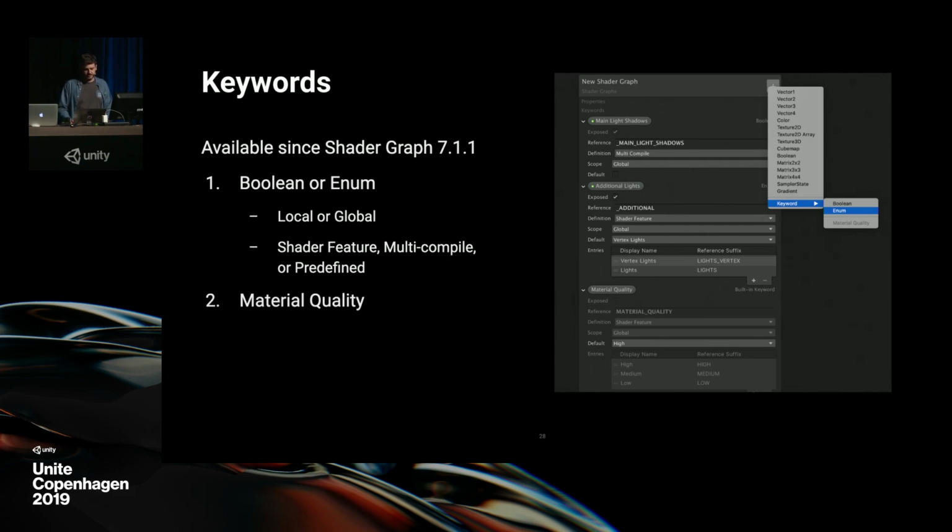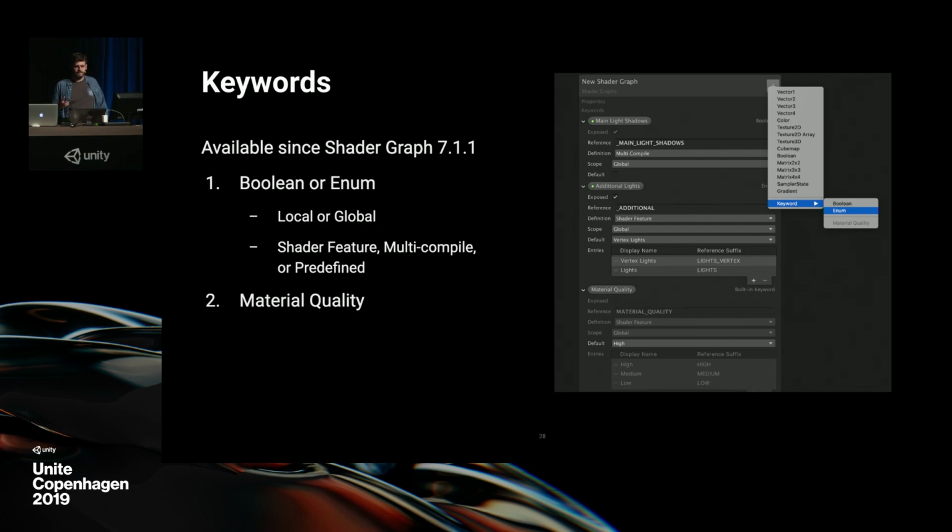The other one that's really interesting is the ability to define one keyword. You can only do one per shader. That's called material quality. It's this option here that's grayed out because I already defined it. And as you can see here, material quality is a special keyword which you don't define yourself. You don't feed it yourself to the graph, but it's the pipeline. So some kind of setting that comes from your rendering pipeline will give each and every shader this keyword, and make it available on high, medium, and low values.